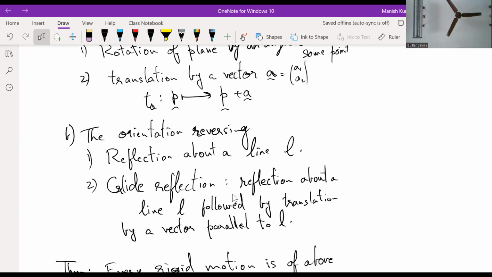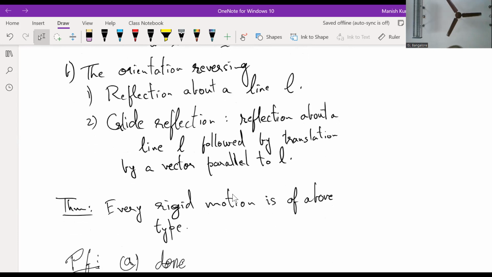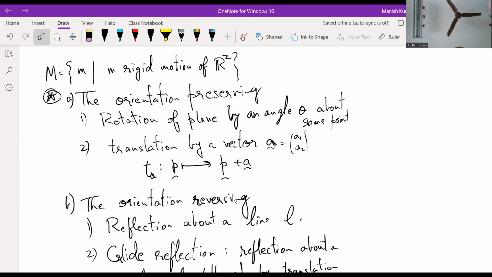And then the theorem is that these are, in fact, all the isometries of the plane. Every rigid motion is of the above type. What we saw last time is part A is true. That is, if we take any orientation preserving rigid motion, then it is either rotation by an angle theta about some point, or it is a translation.